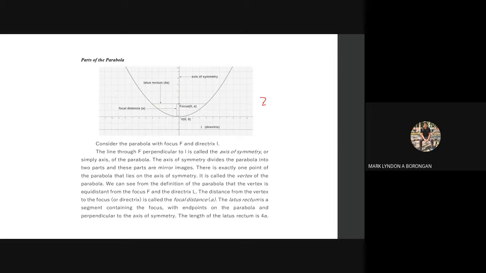So 2 is our a, right? So our focus has points 0 and 2, and our line L, or the directrix, will just be equal to -2, right? So only a is substituted in our points.